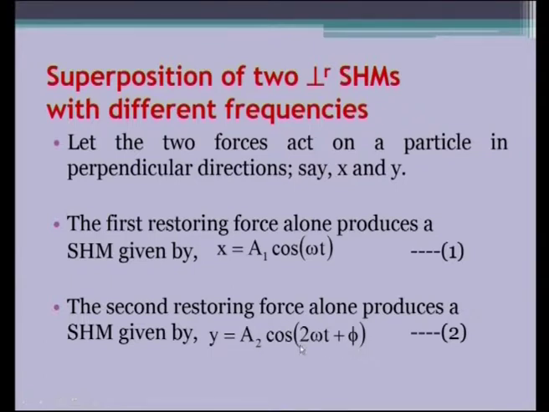Here I would like to emphasize the two different frequencies. Here it is omega, here it is 2 omega. If the frequencies are the same, 1:1 ratio, this will also be omega, but here we have purposely introduced this 2. So, the ratio 1:2 is taken up for discussion.